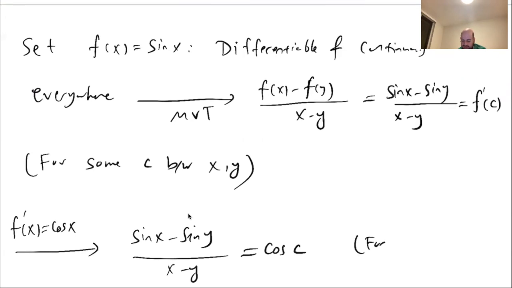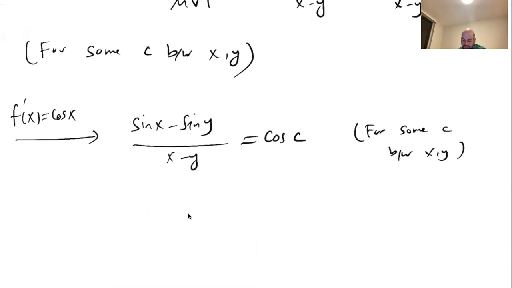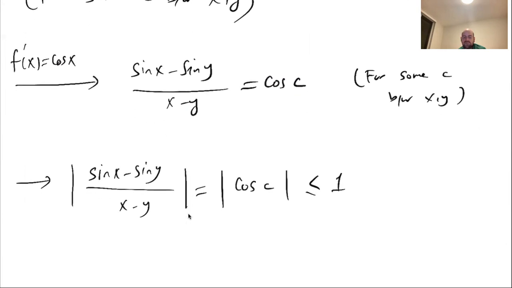Again, like I said, for some c between x and y. So the absolute value of sine x minus sine y divided by x minus y will be equal to the absolute value of cos c, which is less than or equal to 1, right?